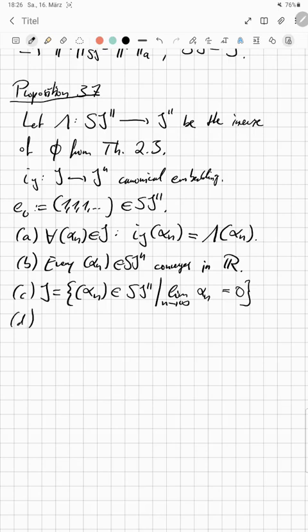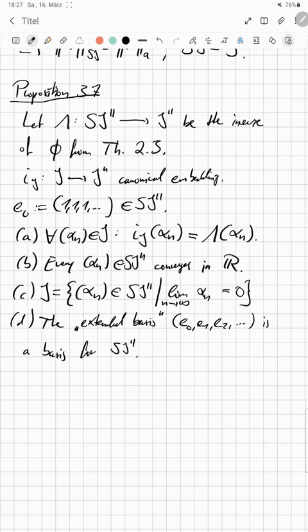And lastly, the extended basis which starts at E0 and goes to E1, E2, and on, is actually a basis for Sj dash dash.